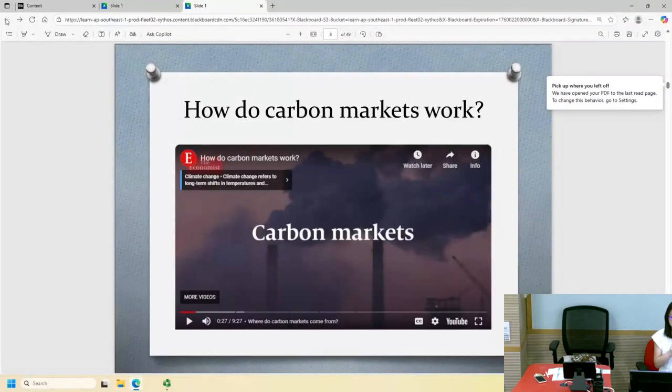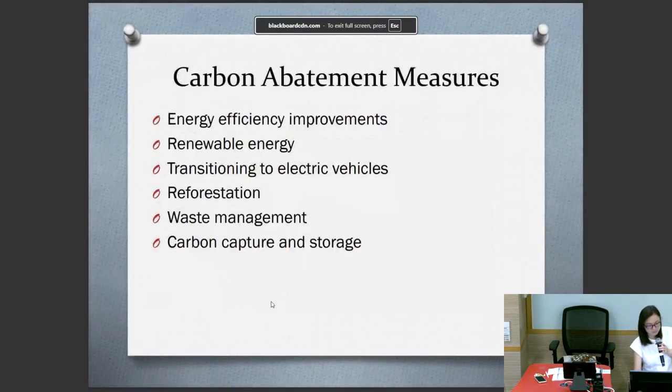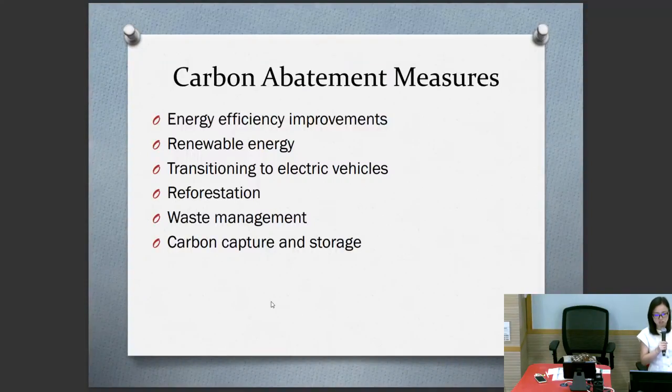Okay, so this is a very good video explaining the essence of carbon markets. We know that we want to reduce carbon emissions, and there are many different approaches, many different carbon reduction strategies and measures, like energy efficiency improvement.